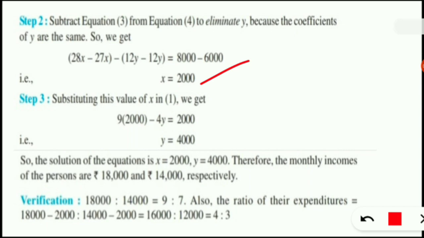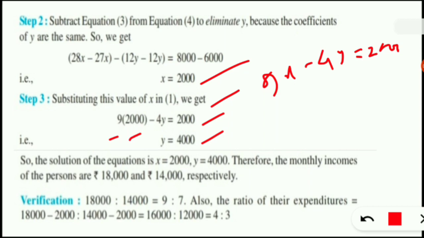Now step 3, substituting this value of x in equation 1, we get 9 into 2000, because the equation is 9x minus 4y equal to 2000. So 9 into 2000 minus 4 into y equal to 2000, so y equal to 4000. Clear? So the solution of the equations is x equal to 2000 and y equal to 4000.